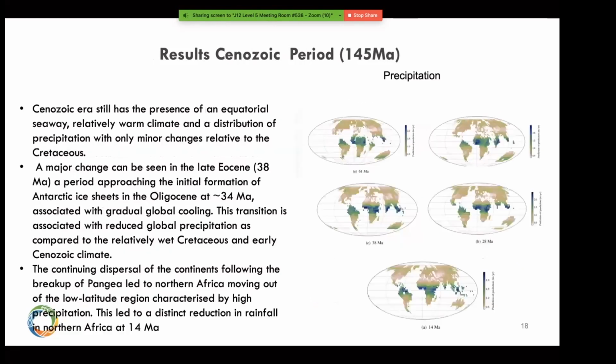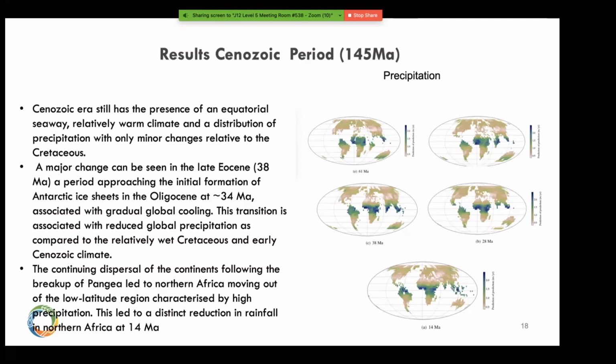And lastly, what are the features of the Cenozoic era? Well, you've still got the presence of this equatorial seaway, and you can see that at 61 million years ago, you still had a very wet Northern Africa. But Northern Africa is slowly shifting northward.